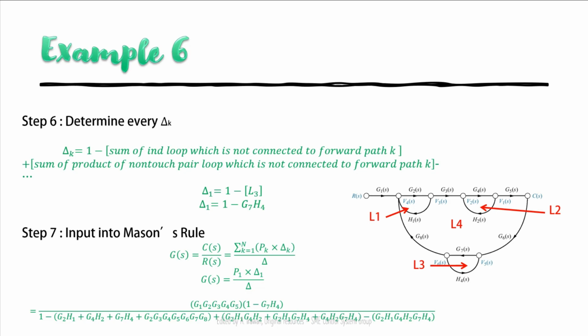For this case we have only L3 for the component of delta k, and then we can get the final equation of delta k. Then we put all the components that we get into Mason's rule, and we can get the final equation of G(s), which is C(s) over R(s), the input.